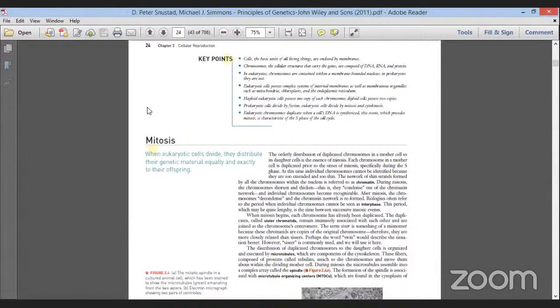Let's say we are studying mitosis: where mitosis occurs, how mitosis occurs, how many progeny will be produced. Just put mitosis over here and then make some rows, arrows, or points, and put all these things in one page. So whenever you need to revise mitosis, just open the particular page and at a glance you can see all the points.